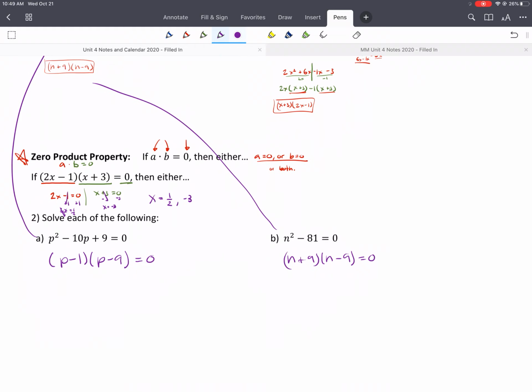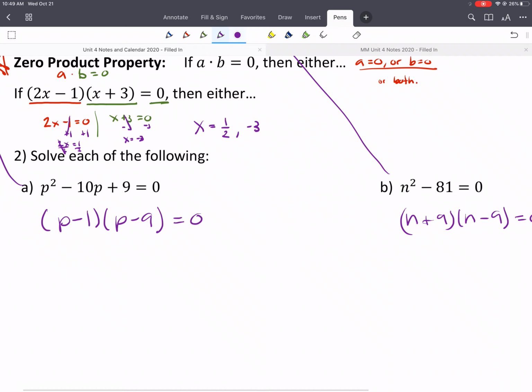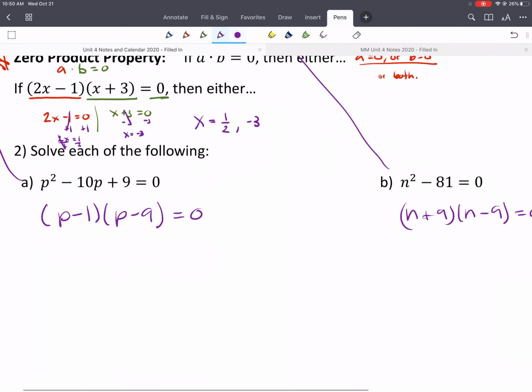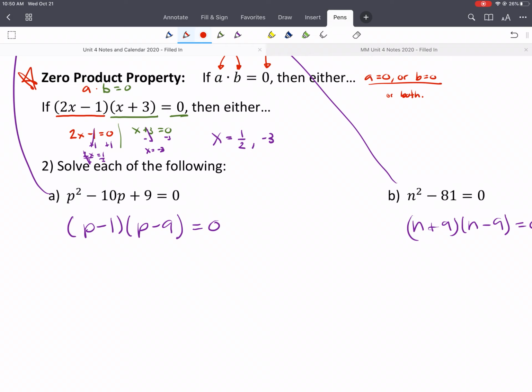Okay, so if I ask you to solve a quadratic like this by factoring, you'll do what we did above, and then this is the last step, is to solve. Okay, so again, using the zero product property, either this is 0 or this is equal to 0. So P minus 1 is equal to 0, or P minus 9 is equal to 0.